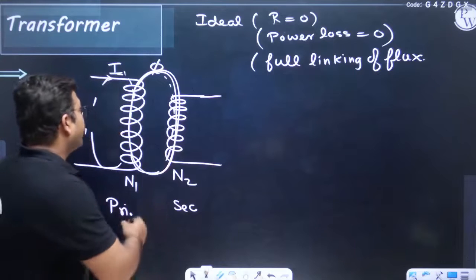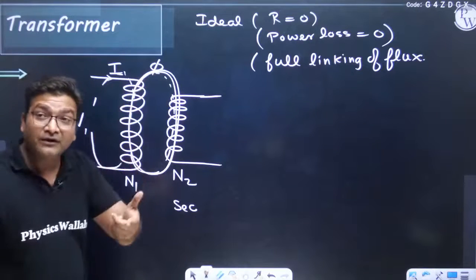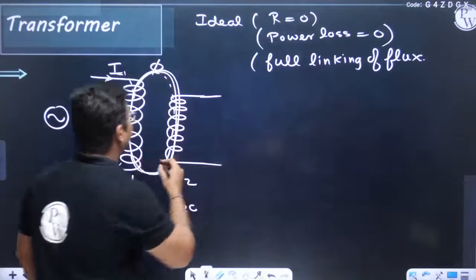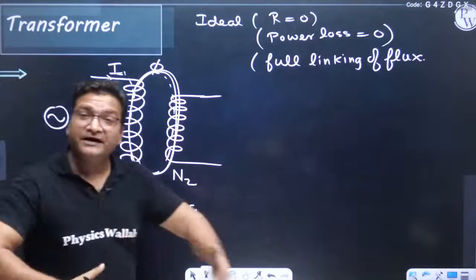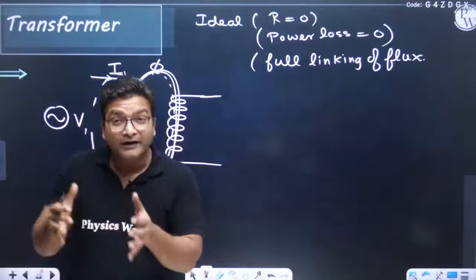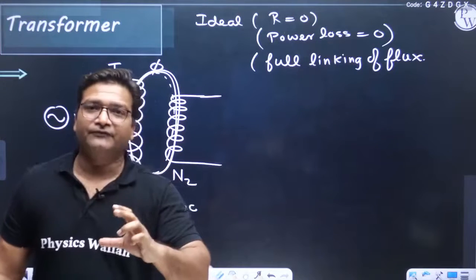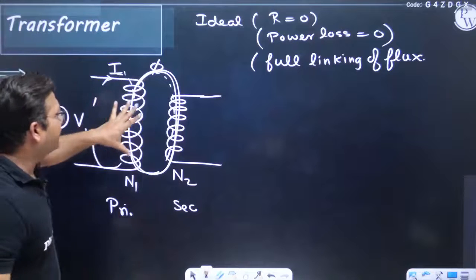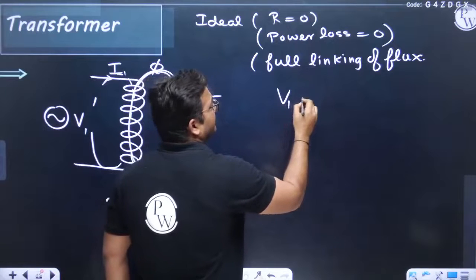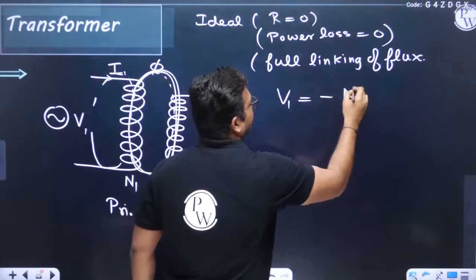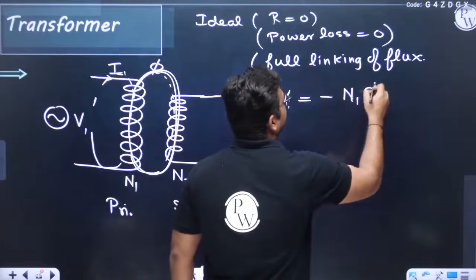Okay. This way, if this is the flux, as I1 is alternating, the flux phi is also alternating. And if flux phi is alternating, the flux linked with coil 1 and coil 2 changes with time. And if flux linked with coil 1 and coil 2 changes with time, it creates an induced EMF in the primary and secondary coils also. In the primary coil we have induced EMF V1 equal to minus N1 d phi by dt, where N1 is the number of turns in the primary coil.